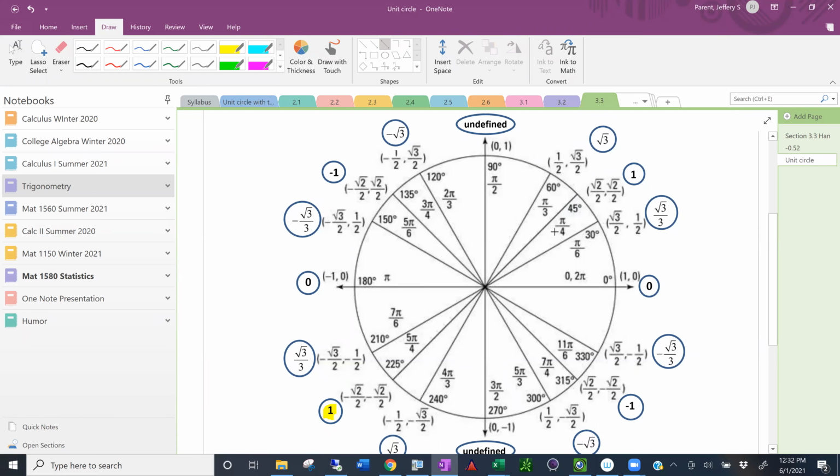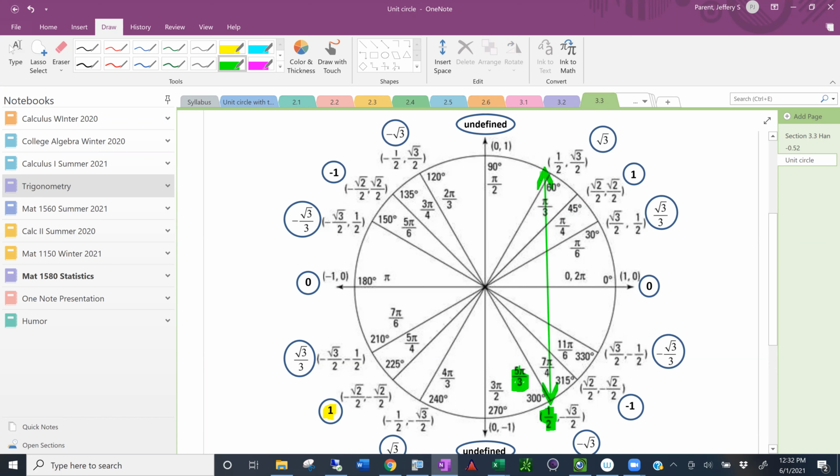And I can draw a straight line down to that other part of the unit circle that has an x coordinate of 1/2. And that is right here at 5 pi over 3. See how they both have x coordinates of 1/2?